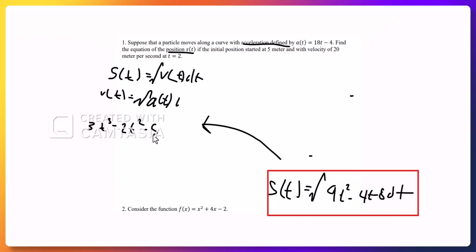Then minus 8t, because it's a constant, plus c. So this is going to be the position over time.